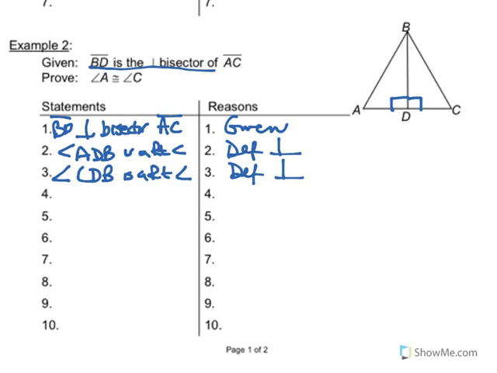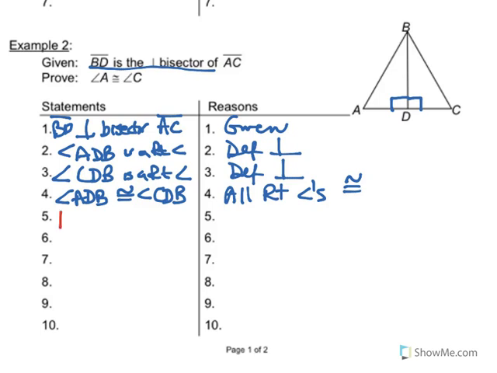Okay, and so now we can say that angle ADB is congruent with angle CDB. And how can I say that? Because all right angles are congruent. Okay, now that takes care of that part. Now let's see what else. We can say that D is the midpoint of AC.